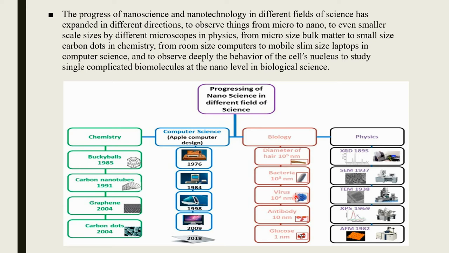Now, the progress of nanoscience. This is also very important, because it explains why nanoscience is being widely used nowadays. The progress of nanoscience and nanotechnology in different fields of science has expanded in various directions, to observe things from micro to nano, to an even smaller scale, by different microscopes.